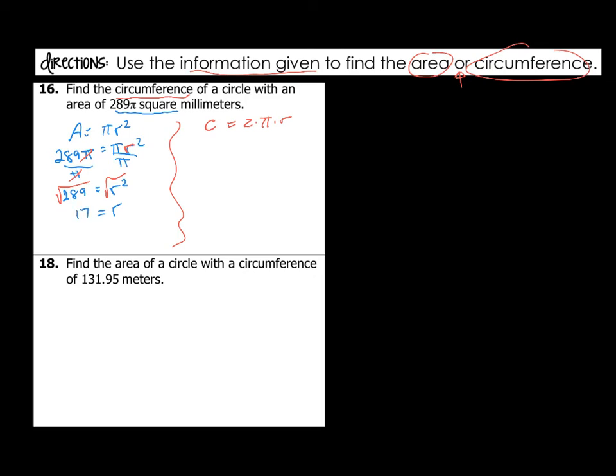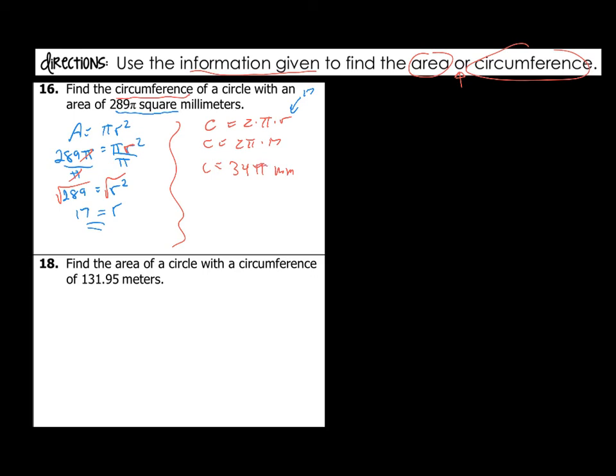That's 17. So I'm going to take 17 and put that right here. Circumference equals 2 times pi times 17. Circumference equals 34 pi millimeters. Now that's a reasonable answer.